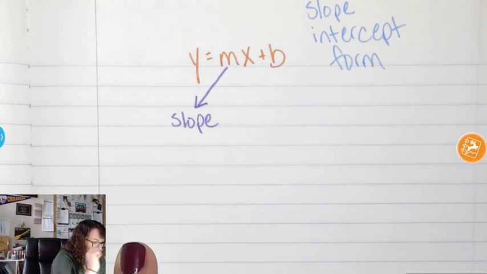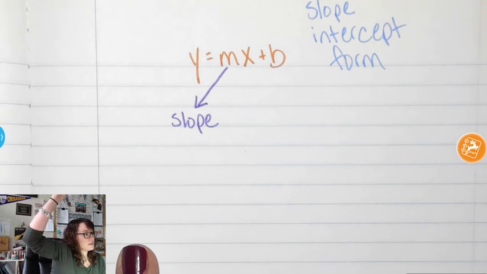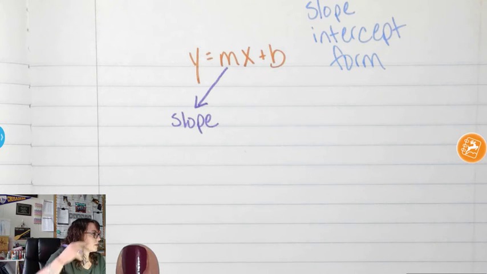So, the easiest way to remember how to find slope: slope is the measure of the steepness of a line. So if a line is going up really fast, you want to say, how fast is it going up? Or if it's not going up at all, we want to be able to put a number on that.